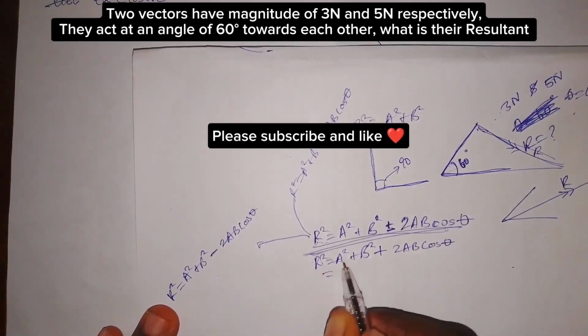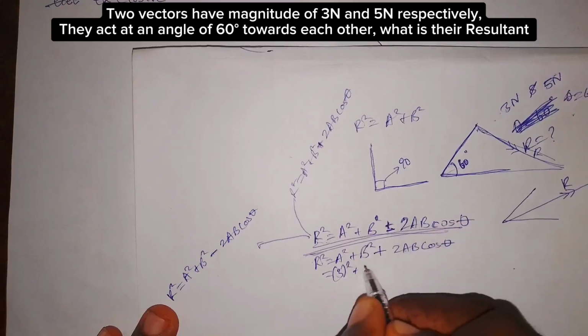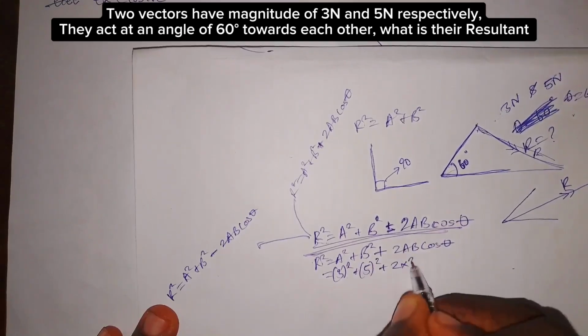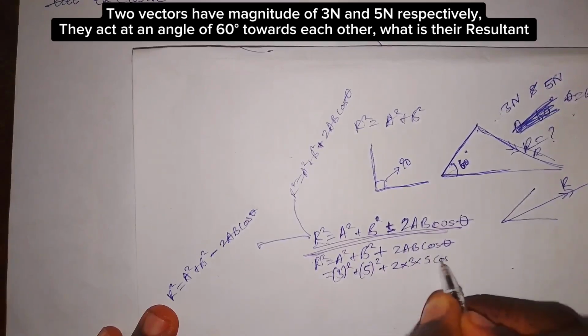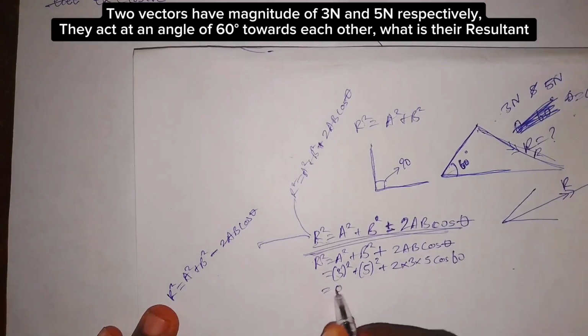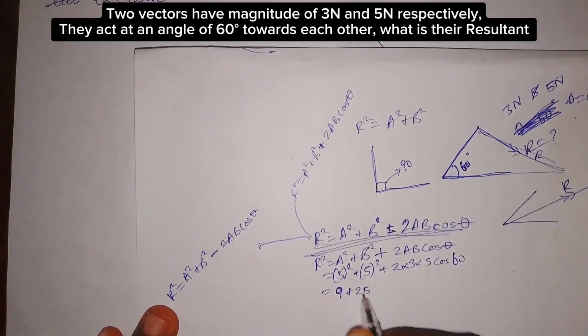We are looking for R. A is 3, so 3 squared, plus B is 5 squared, plus 2 times A is 3, B is 5, cos our angle is 60. 3 squared is 9. Then 5 squared is 25.